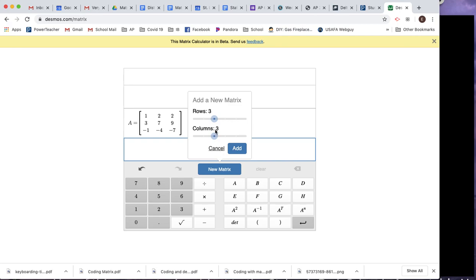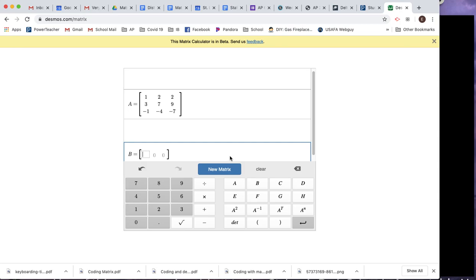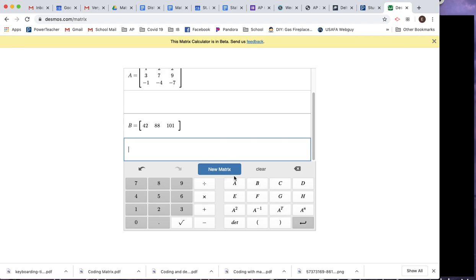So my new matrix, now we need 1 by 3s. So that's the way we can multiply them. So matrix B, I said, was 42, 88, and 101. New matrix, matrix C. C was 88, 201, and 251.